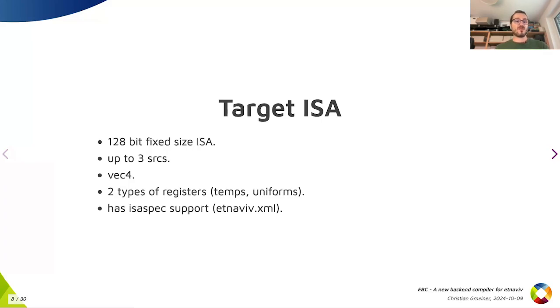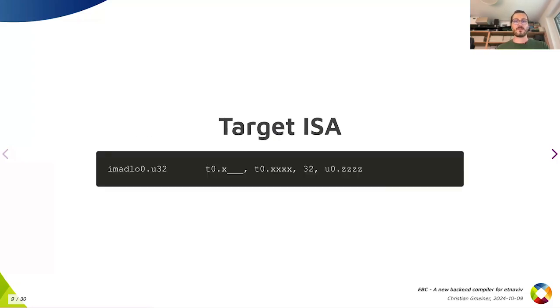As I told you, all of this is defined in the etnaviv.xml file using EBC. Let's have a look at a sample instruction from the target instruction set architecture. This instruction was randomly chosen, but it shows a lot of features I talked about.